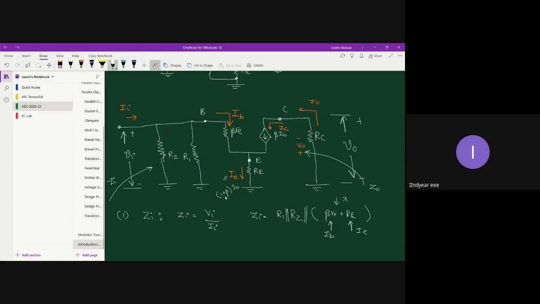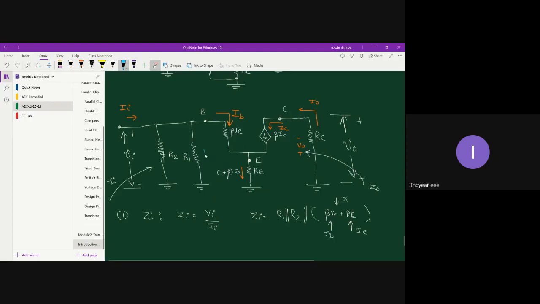So we know that emitter current is 1 plus beta times IB. So instead of emitter current, since it's a video, you can roll back and observe, what am I going to write? I'm going to write current through Re as 1 plus beta times IB.